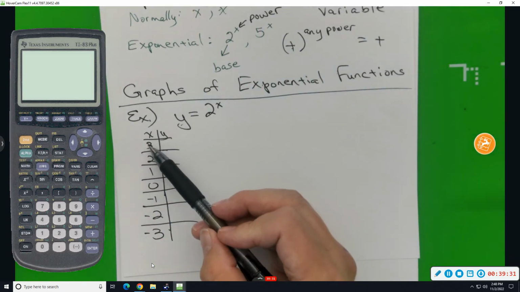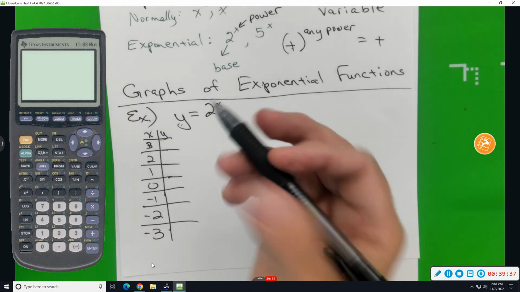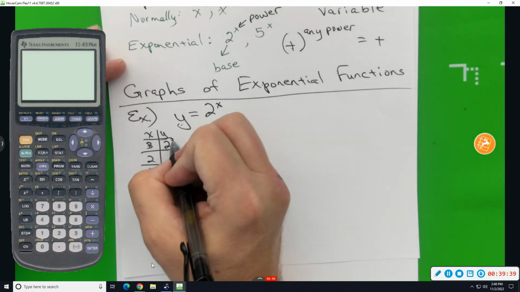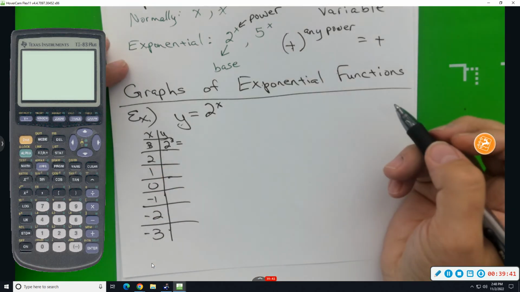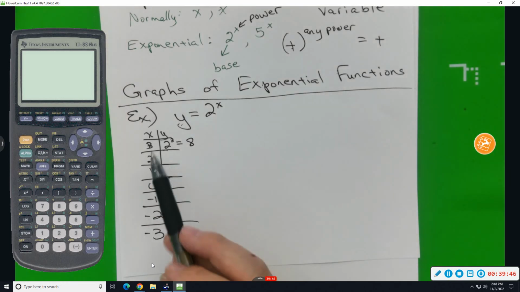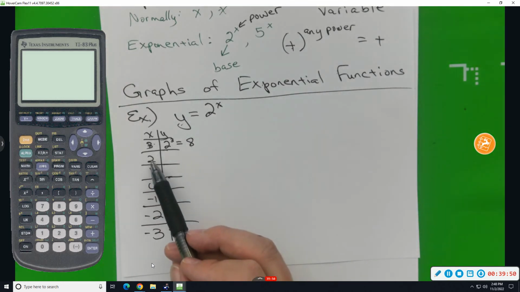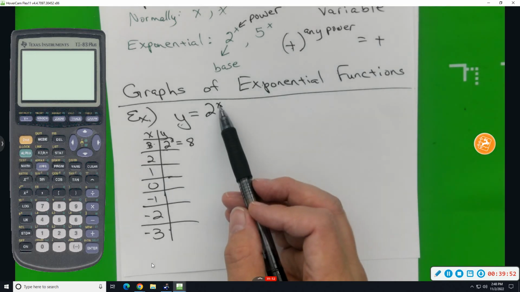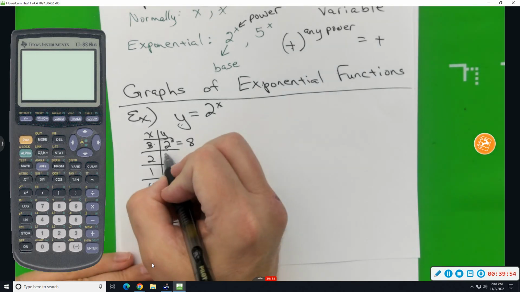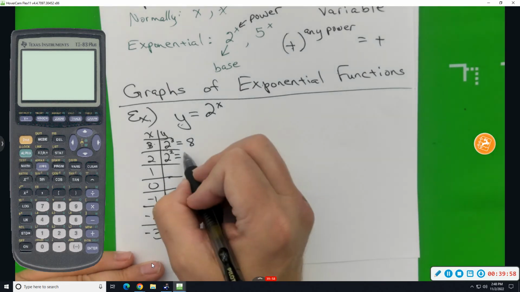You take the 3, you plug it in as the variable x, so you have 2 cubed. 2 times 2 times 2 is 8. So we just got the first ordered pair, 3, 8. Plug the 2 in up here for the x. We get 2 squared, which is 4. I agree.